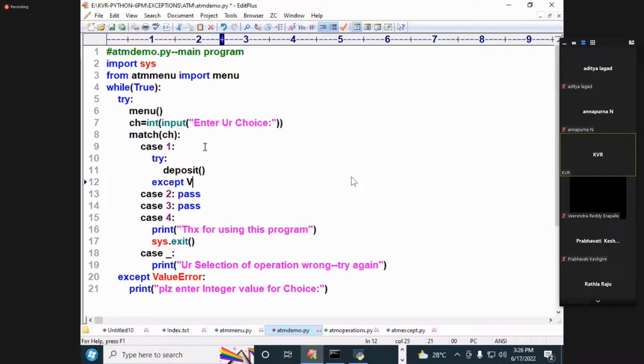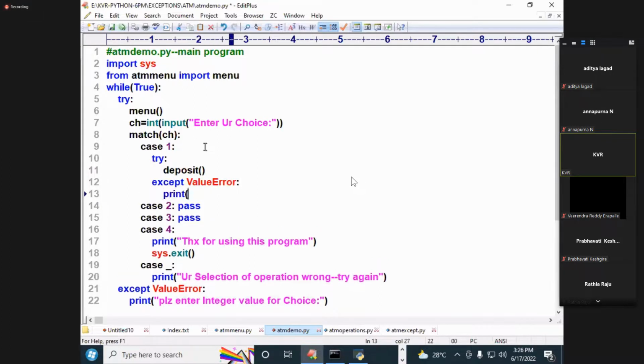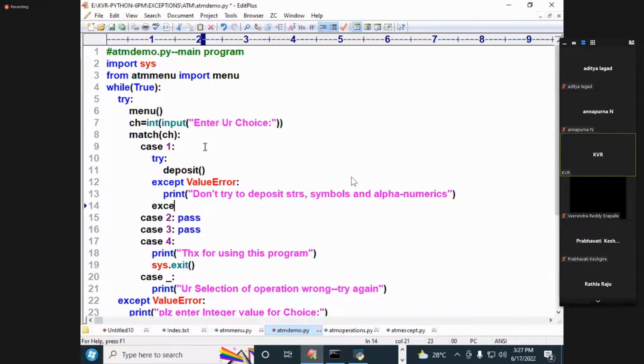So I say here, don't try to deposit strings, symbols, and alphanumerics. Numerics only. Next, one more except. Which error?